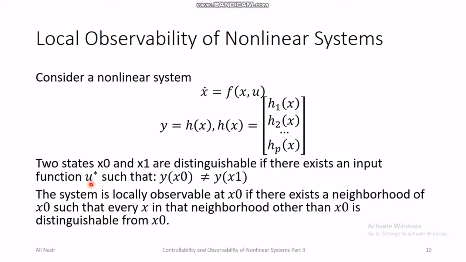This is the original definition of observability that we saw in the first slide, that observability is the ability to calculate or determine the state vector from the output value. So if outputs are distinguishable, then from each output you can trace it back to the corresponding state vector that is resulting in this output.